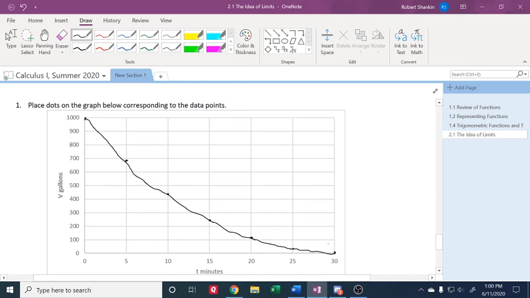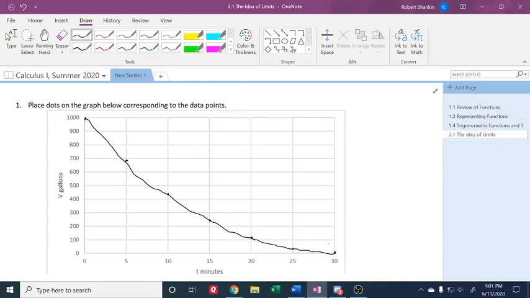There, there's my smooth curve. And then part 2 of D says sketch the secant lines on the interval 15 to 20, which is from 15 minutes to 20 minutes.